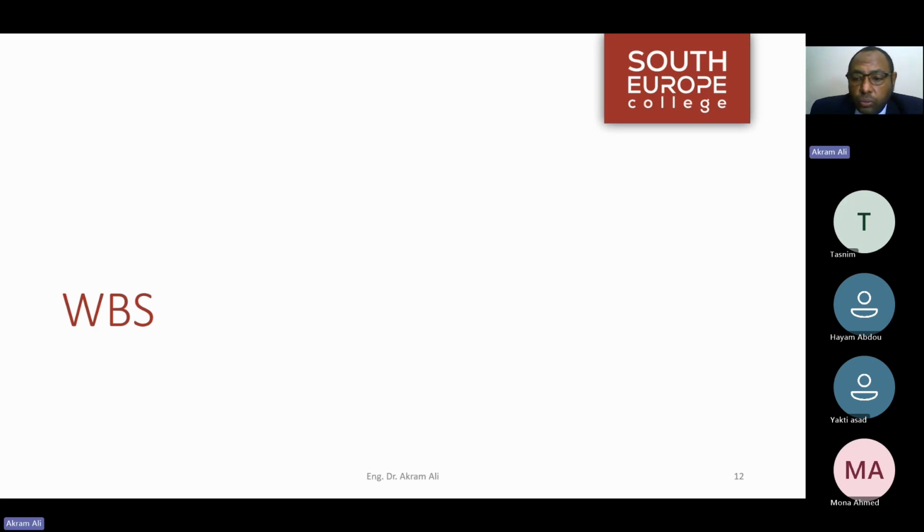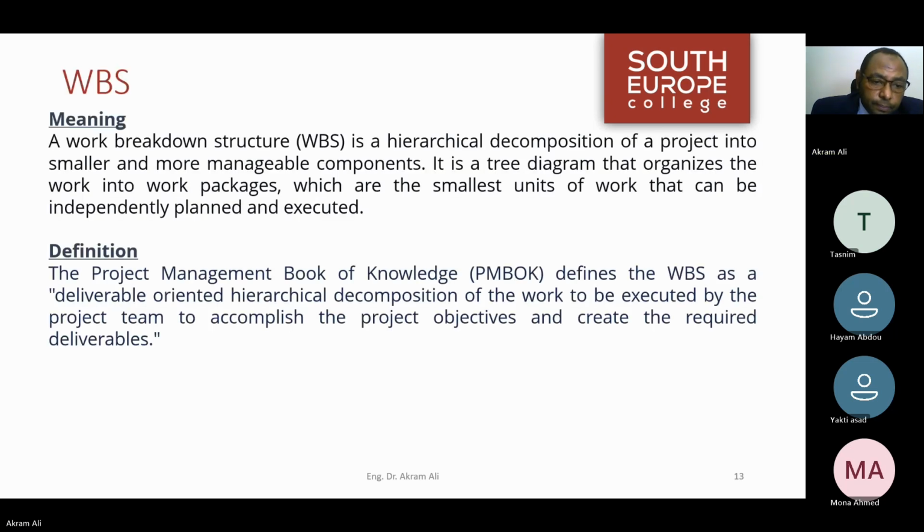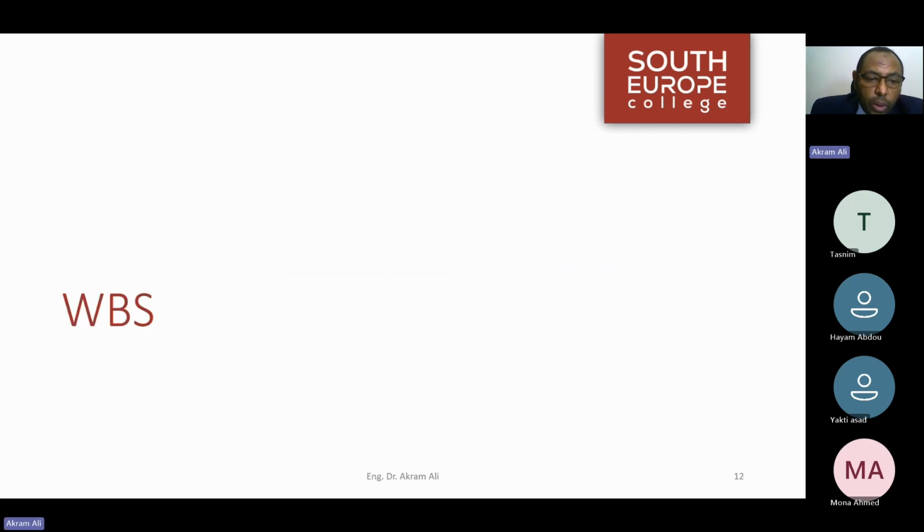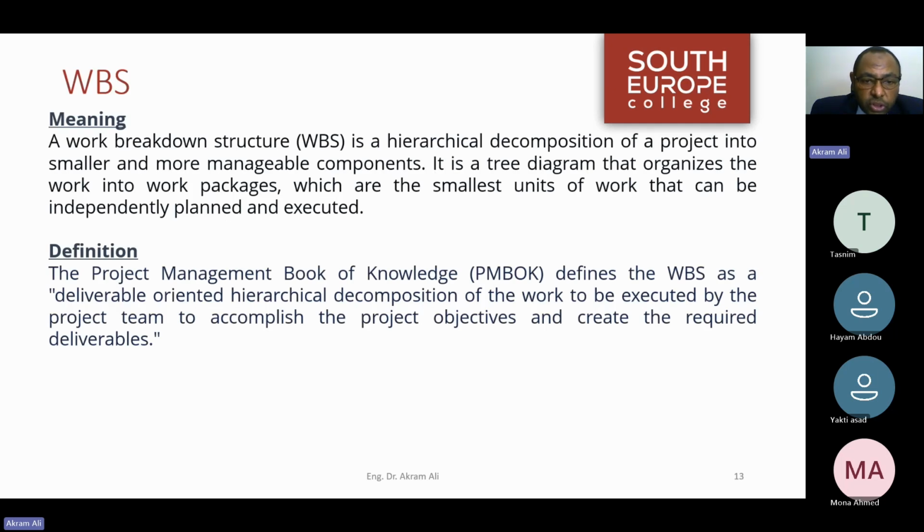So now we are going to discuss work breakdown structure. So the meaning of work breakdown structure: it is a hierarchical decomposition of a project into smaller and more manageable components. It is a tree diagram that organizes the work into work packages, which are the smallest units of work that can be independently planned and executed.